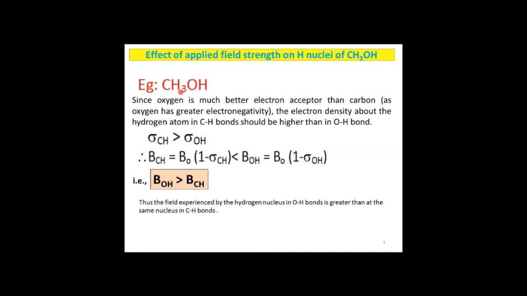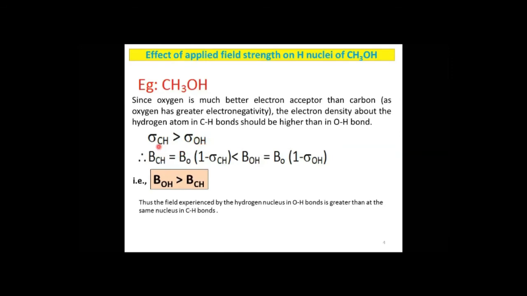So those electrons will shield the proton from being experienced by the applied magnetic field. So the shielding constant for this methyl proton will be very much higher compared to that of the hydroxyl proton.